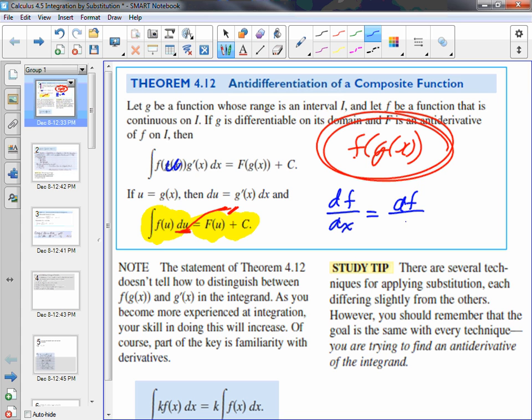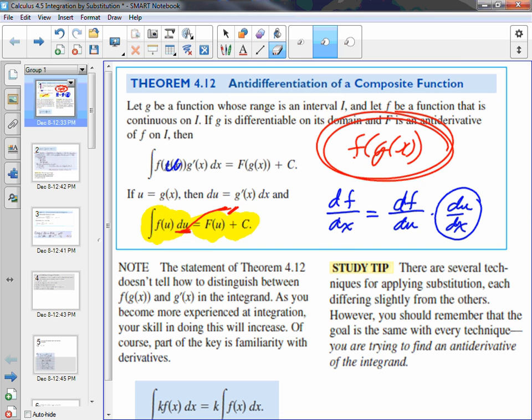The derivative of f with respect to u times the derivative of u with respect to x. Okay, that's right. I just had an f instead of a y like we always had before. Oh, no, I'm going to mess that up. Pretend that never happened. It was correct, it just wasn't helpful.